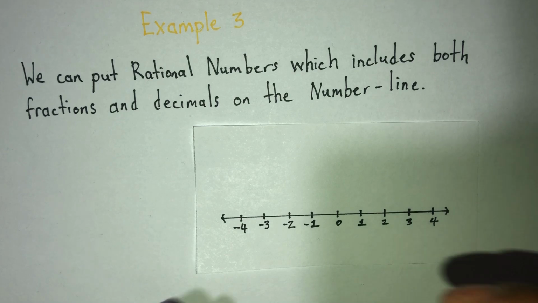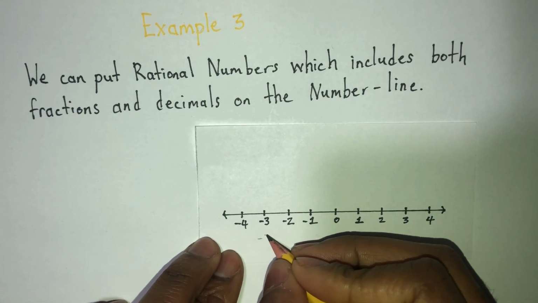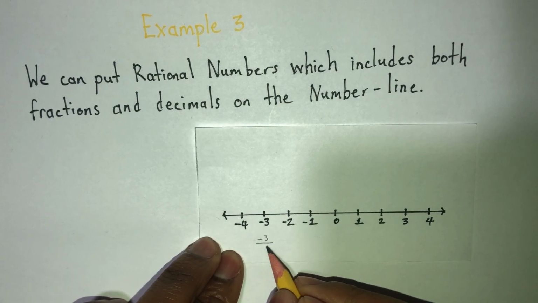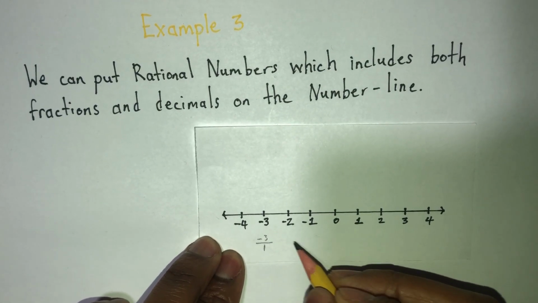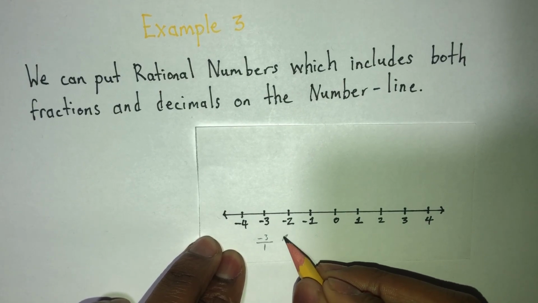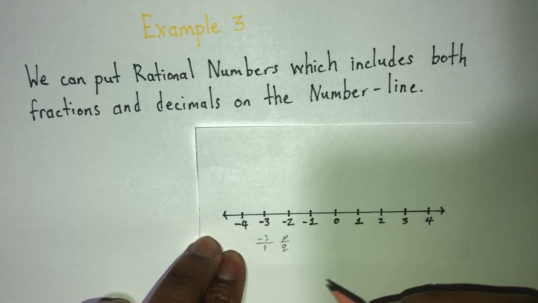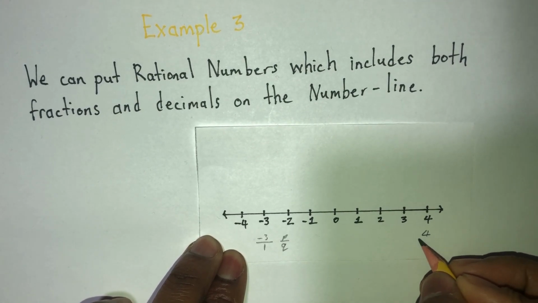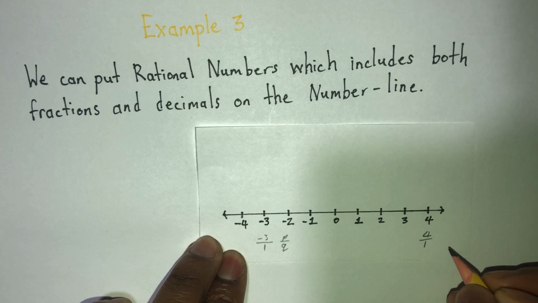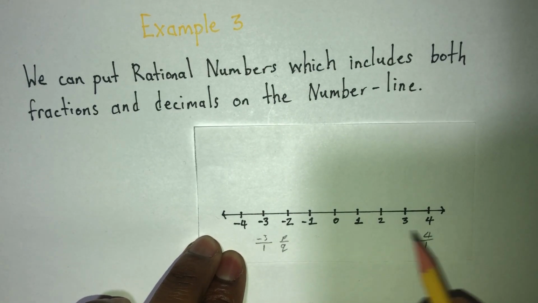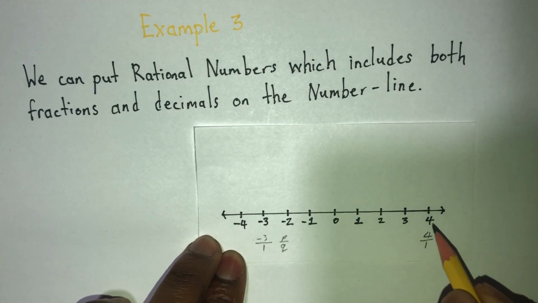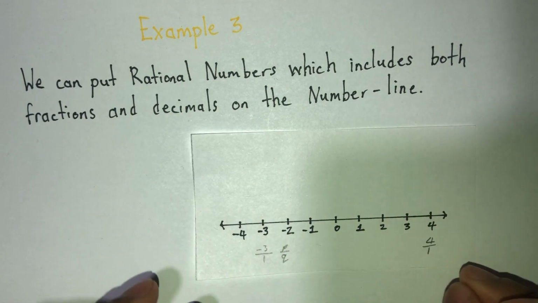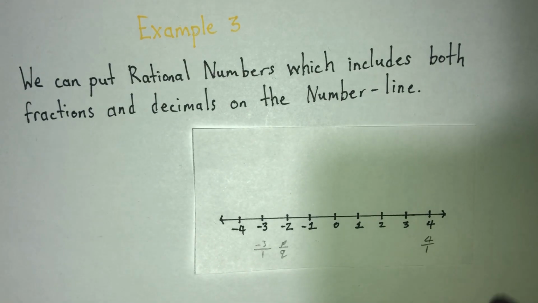For example, let's take -3. It can be written as -3 over 1, and that is in the form p over q. Let's take 4. 4 can be written as 4 over 1. And all of these numbers that are here can be written in the form p over q. Therefore, they are all rational numbers.